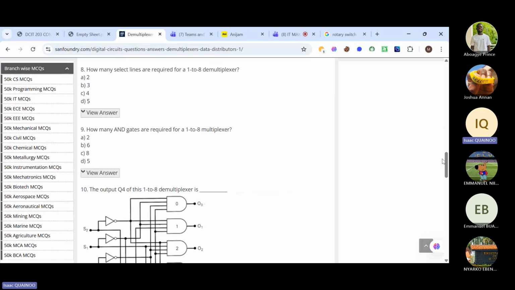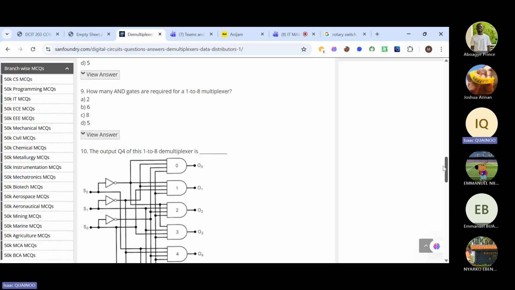How many select lines are required for a 1 to 8 demultiplexer? Three. All right, so 3 select lines is correct because 2 to the power 3 is 8.